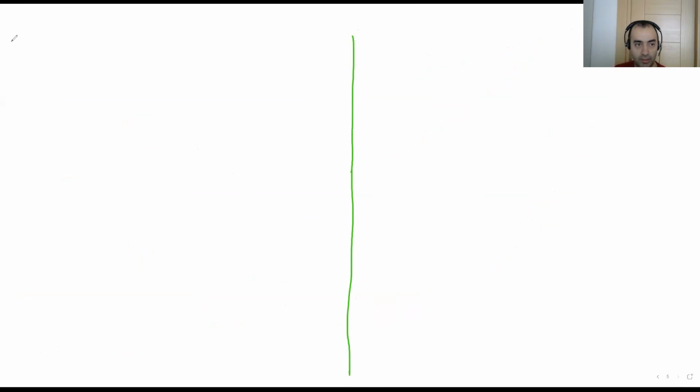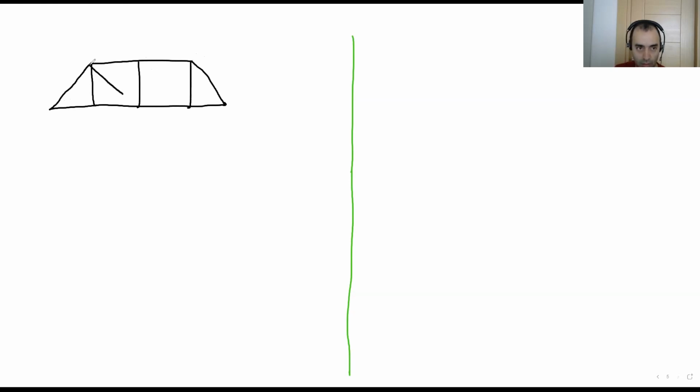For example, this is again a truss system.